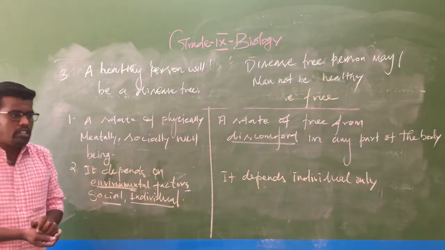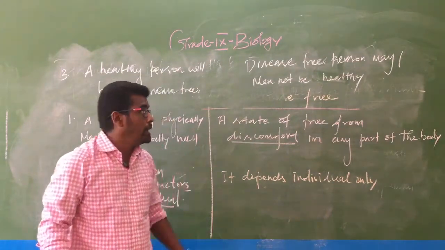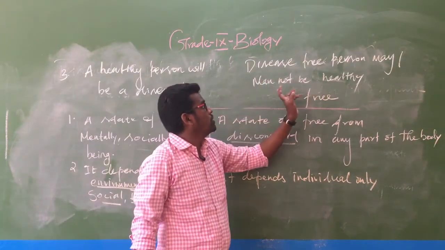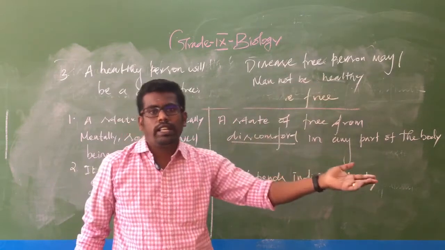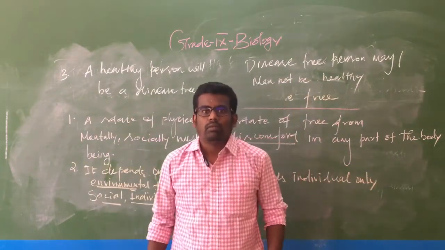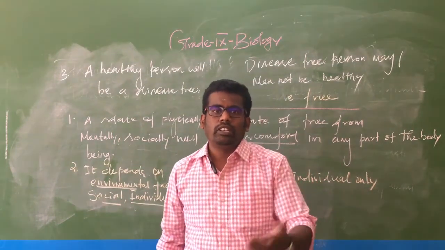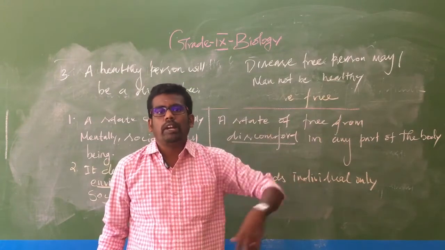If the person is healthy, there are no diseases. But a disease-free person may have no disease and yet be weak. What is the reason? He is not taking food properly, so he is weak. No disease, but he is weak.